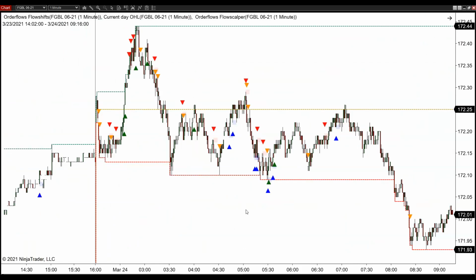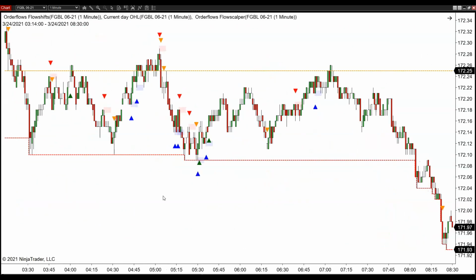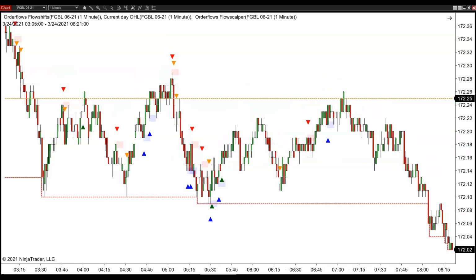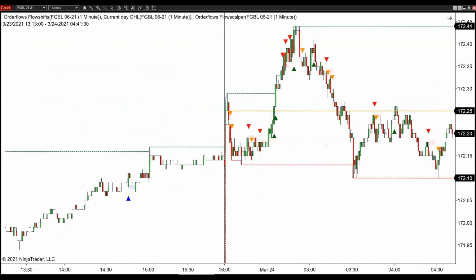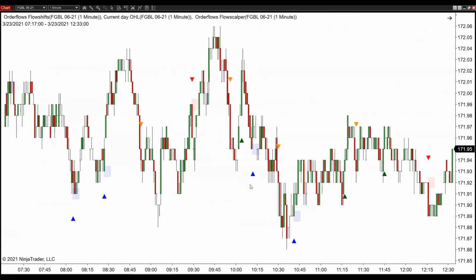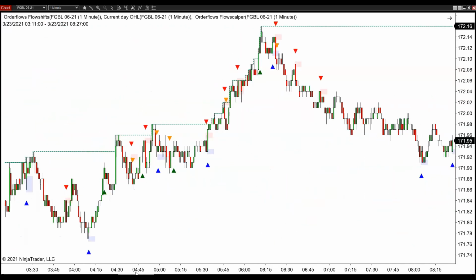I'm not sure if this bar had them both on the same one, or if it's different by just 1 bar here. It looks like it's different by 1 bar. But I'm looking for those groupings that complement each other. I'm not looking for one and then the opposite. If you see them grouped together, pay attention to them.